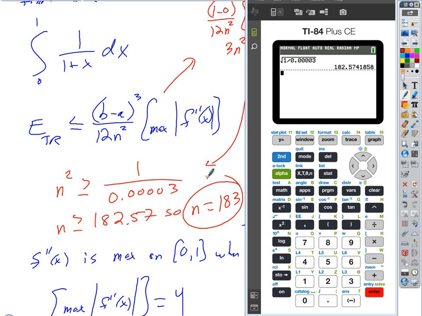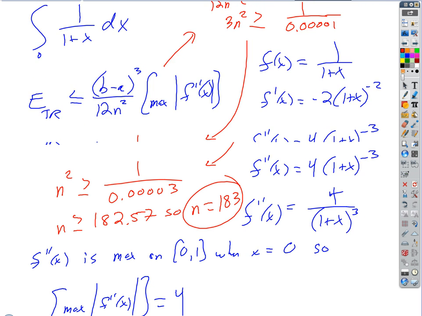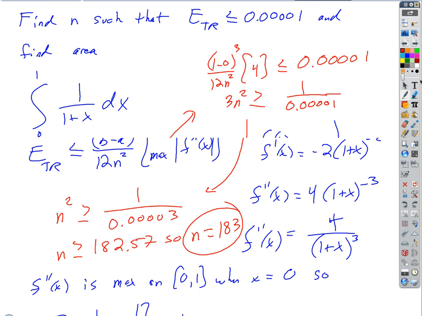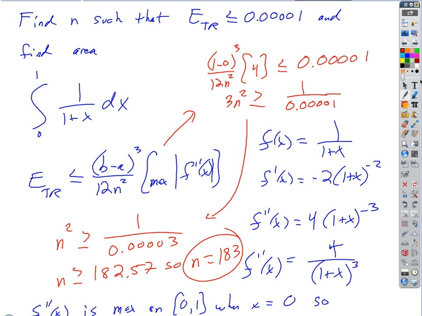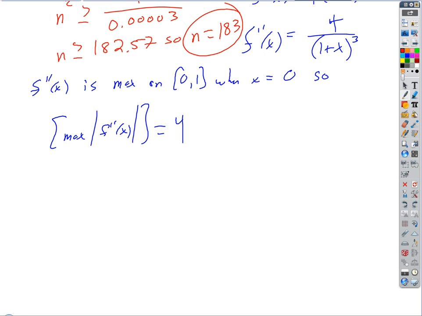Okay, so then if we wanted to, now that we know what n is, now we can go up and apply the trapezoidal rule for an approximation. Okay, so remind me then, and this is an easier one to remember, what is the trapezoidal rule?